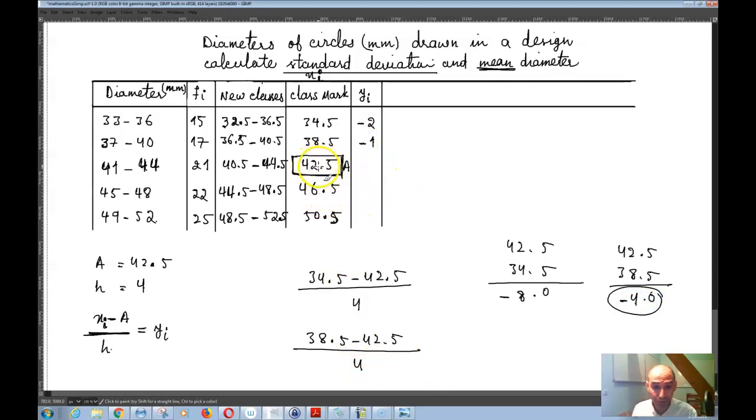And over here I have 42.5 minus 42.5 is equal to 0, and 0 divided by 4 is equal to 0.